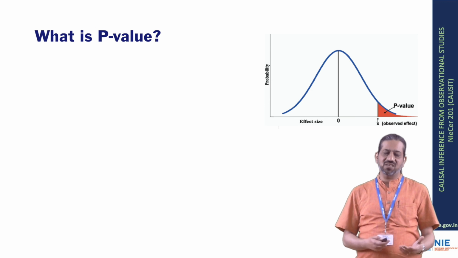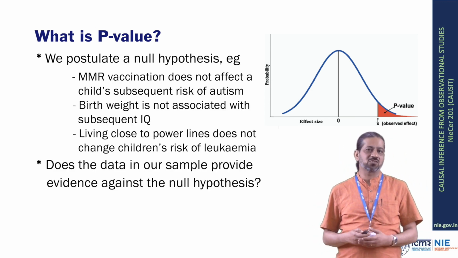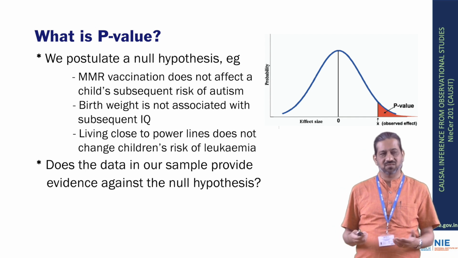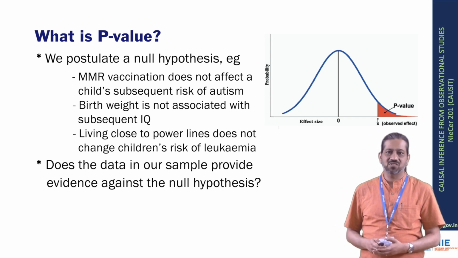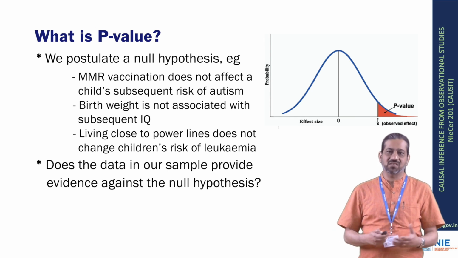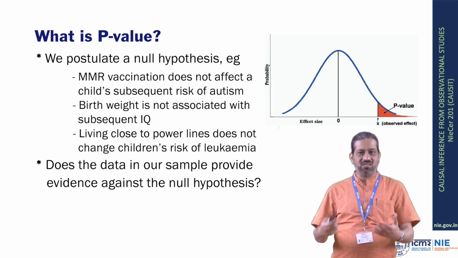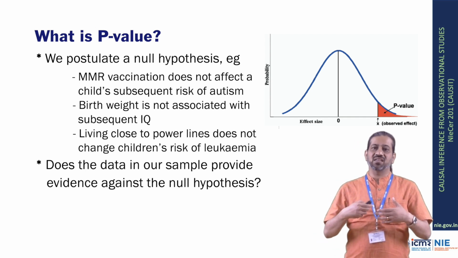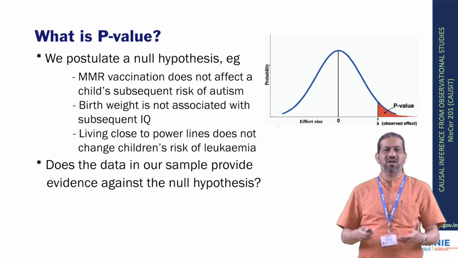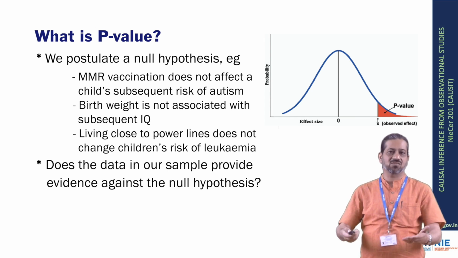So then what is a p-value, or how do we define it? As I mentioned in my previous slide, we start off with postulating a null hypothesis. For example, if we are trying to look at whether MMR vaccination could be a risk factor for autism in children, we would state the null hypothesis as: MMR vaccination does not affect a child's subsequent risk of autism.